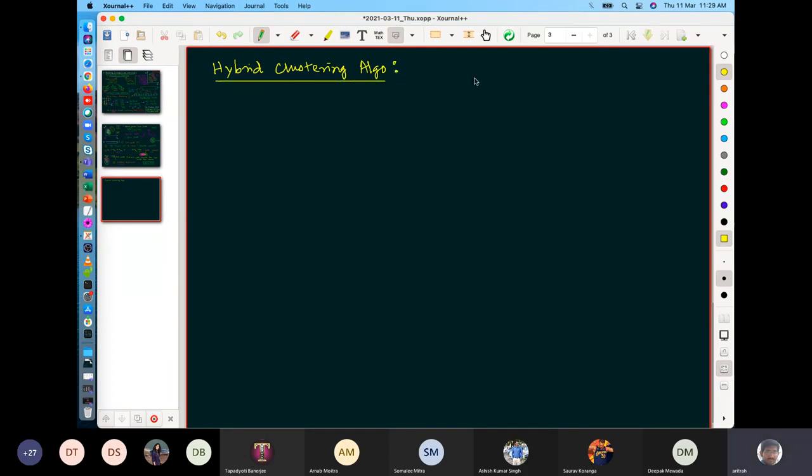where they try to use both the flavor of partitional as well as hierarchical. Just think how they do it. I'm telling you a scheme, then we will go a little into the steps of the algorithm.